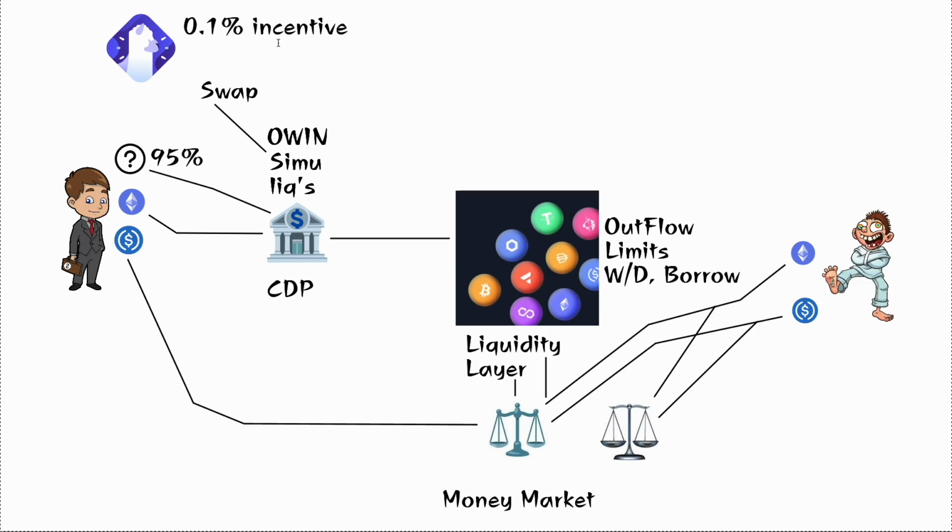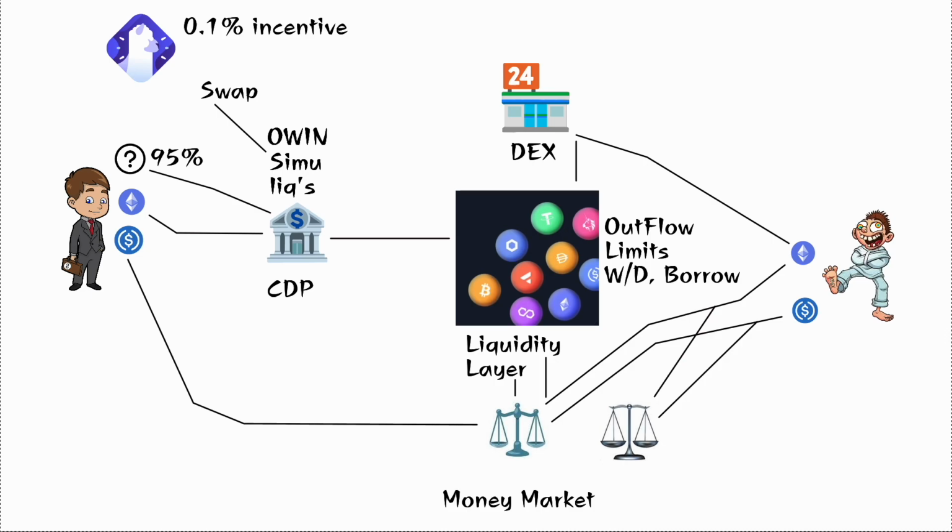In other CDPs and other liquidation mechanics, the incentive to liquidate someone can be quite high, because they have to pay quite a bit to liquidate them. But if it's just a swap, they don't need to incentivize as much. It just has to be a little bit better than the other market makers or DEXes. So all of these DEX aggregators can just swap these assets through this CDP and liquidate those people.